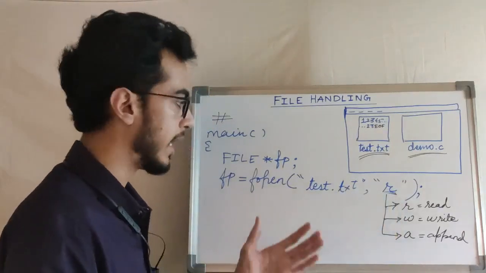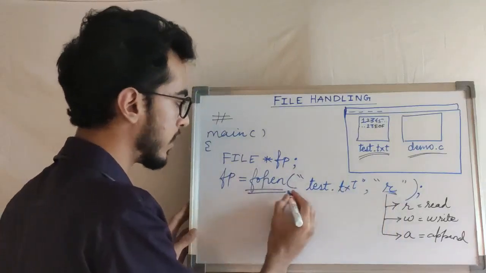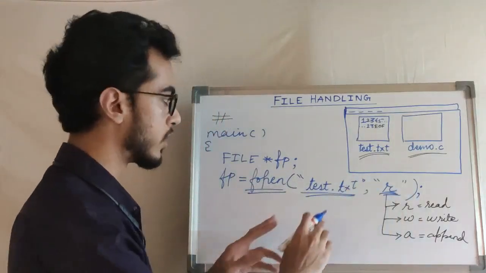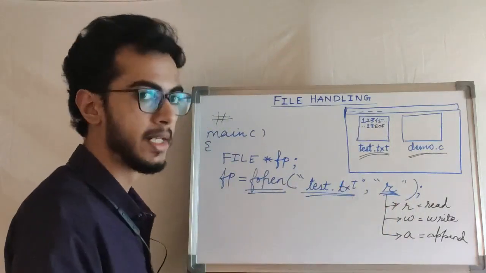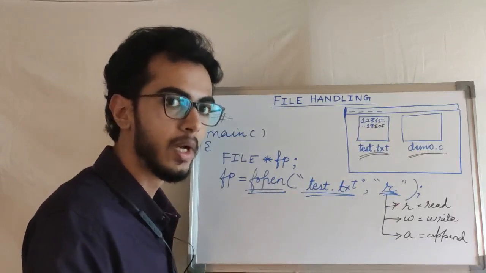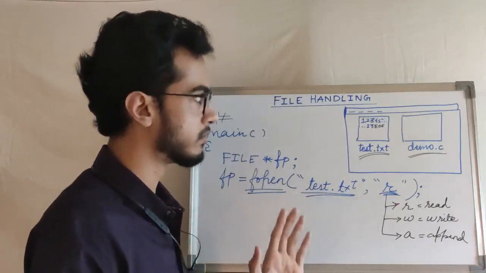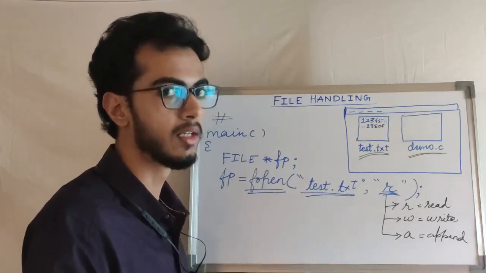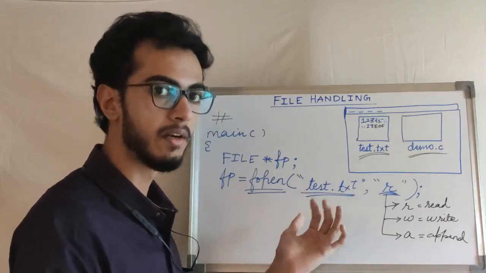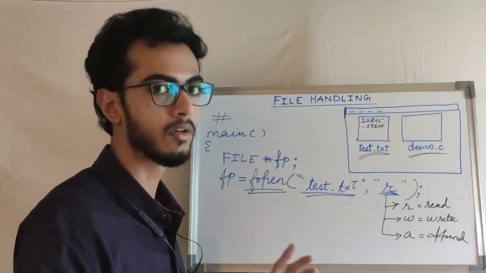So fopen means open this file in read mode. Inside the double quotes, I have mentioned test.txt. If you have saved your input file in some other folder, then in place of this you will have to include the complete path of that file.